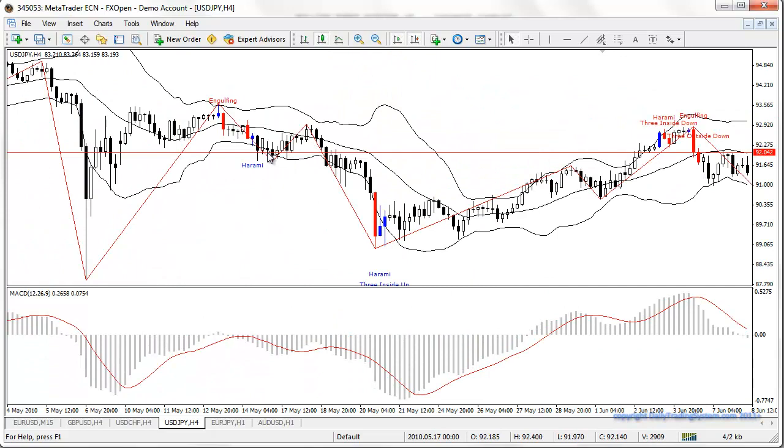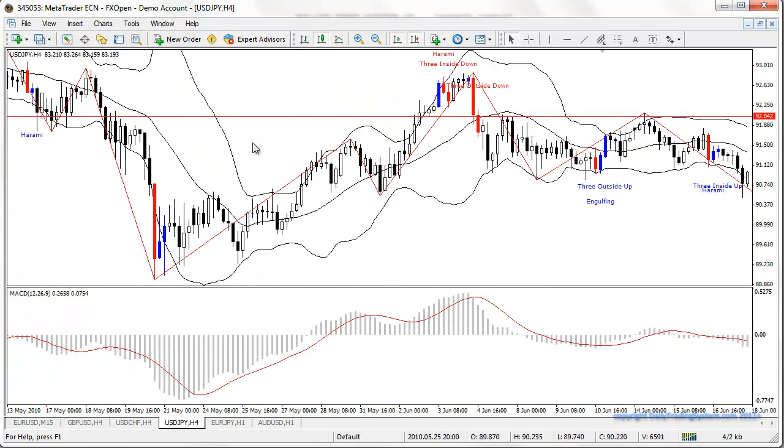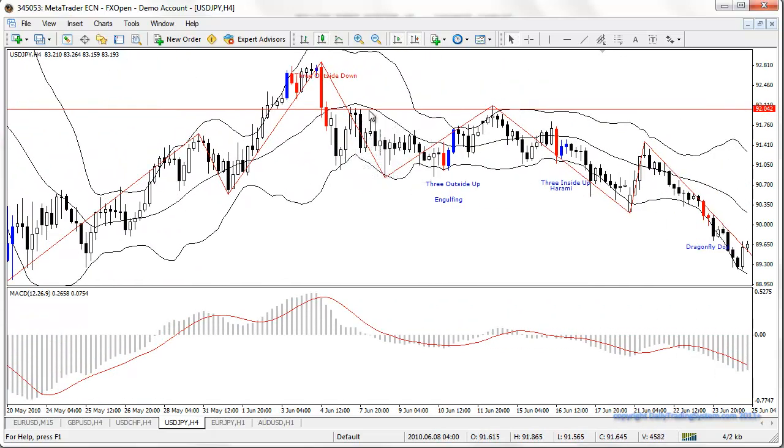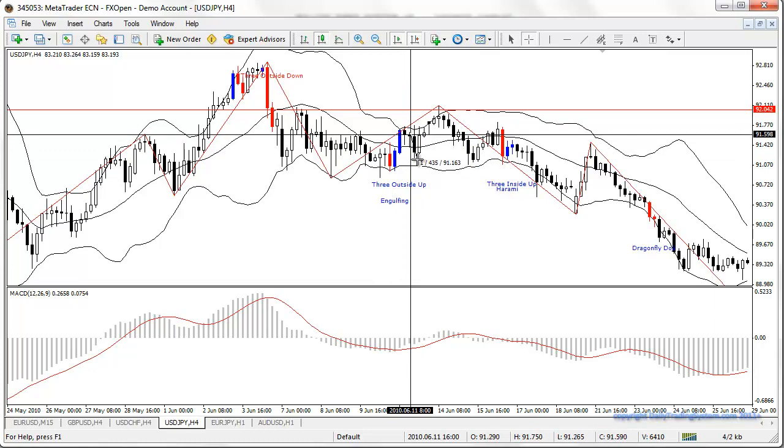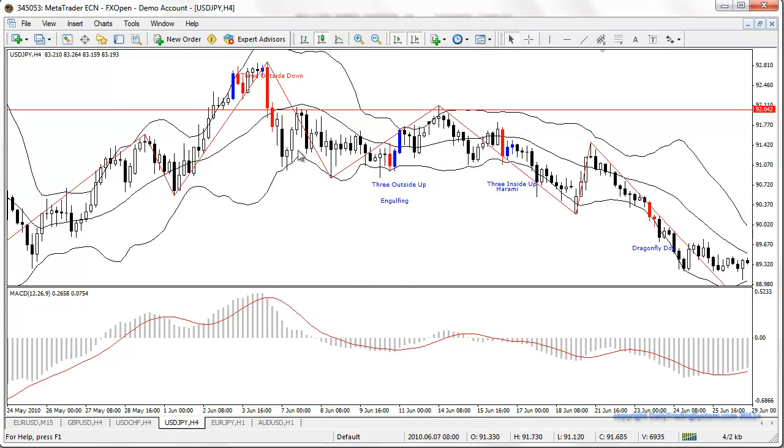If we go back, we can see there's some support there. So this wouldn't have done us any good if we wanted to get in on this three outside up. But it didn't confirm anyway, so we would have gone short. There's 43 pips worth there, so you would have got out somewhere maybe along here towards the next area of support.